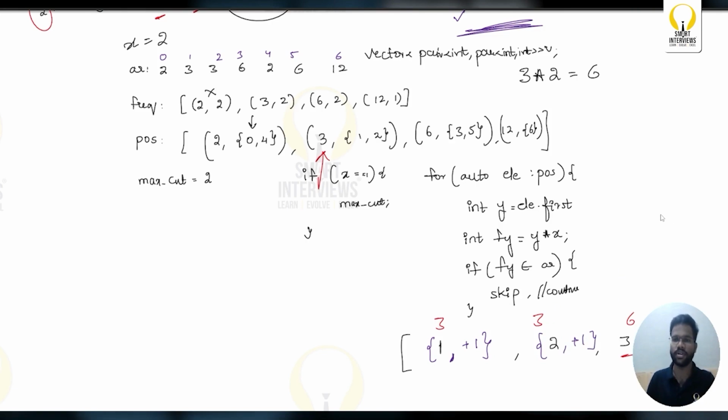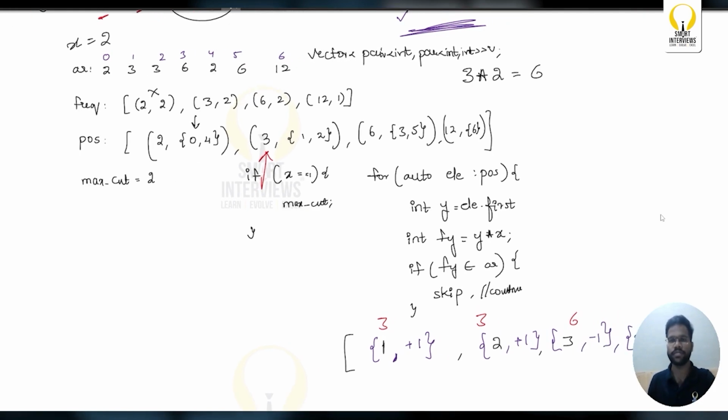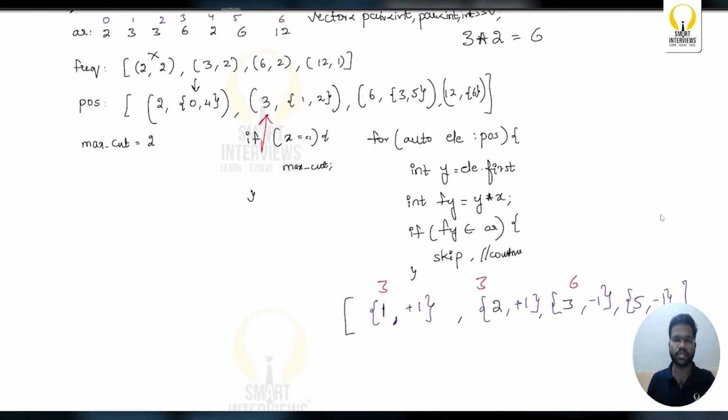Now this doesn't belong to 3, whereas it belongs to 3 into x, so I'll denote it as -1. Then the next index of 6 is 5, and we'll represent it with -1. Once we get this, let's say this is an array called the merge array.